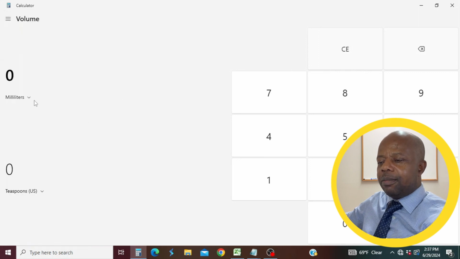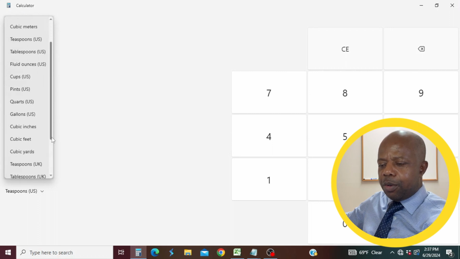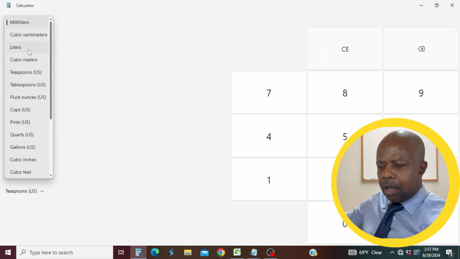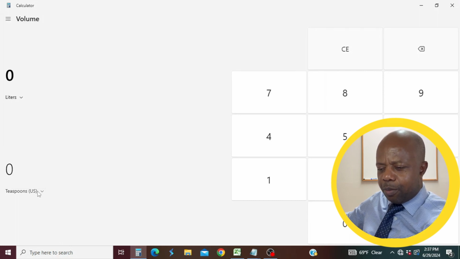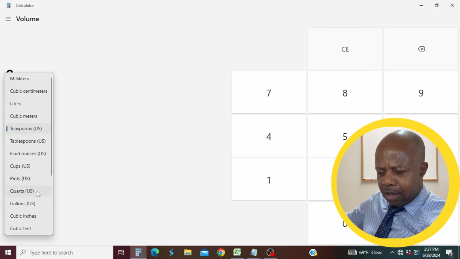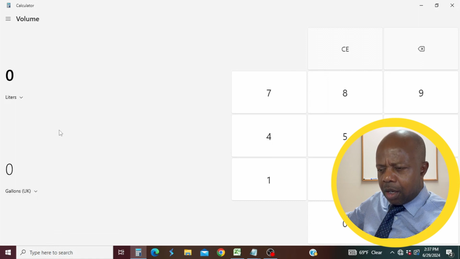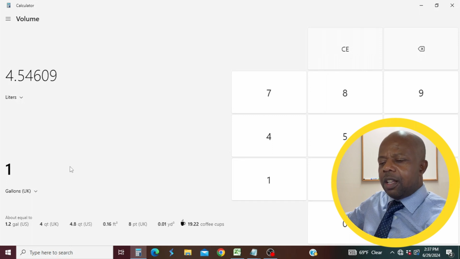Now, volume. For example, in some parts of the world, people use liters. In some parts of the world, people use gallons. Let's say you're interested in seeing how many gallons are in 1 liter, or how many liters are in 1 gallon.